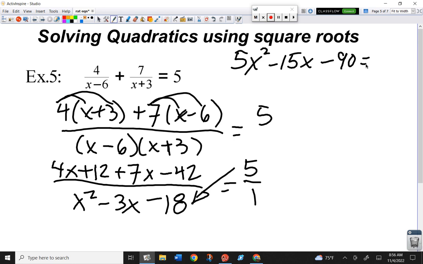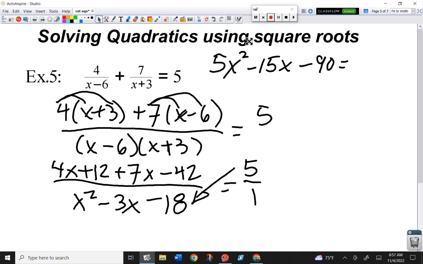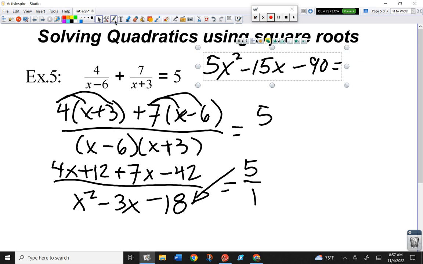And that's going to equal this stuff simplified. So let me move this over just a little bit because I'm not going to have room. Okay, 4x plus 7x is 11x. 12x minus 42x is minus 30x, or just minus 30.